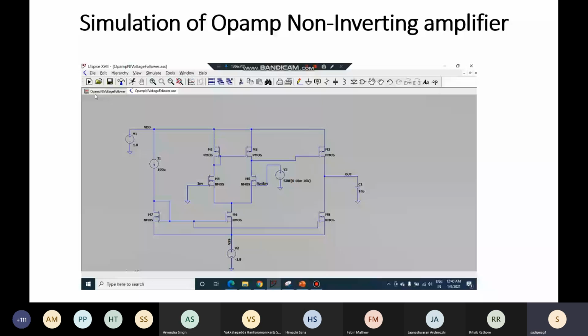But the V_GS is only changing for the lower transistor, and that subsequently changes the parameters for the upper transistor, the PMOS load, because you're talking about a common source amplifier with active load.